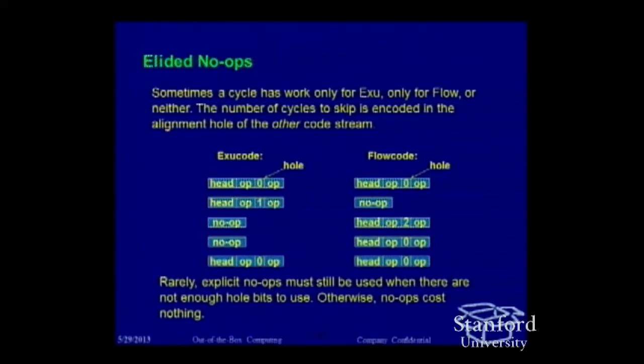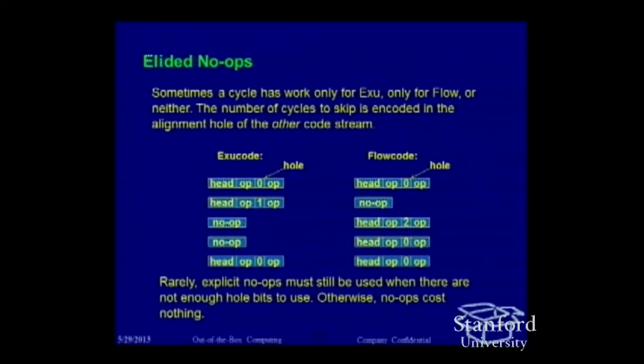Now, I mentioned that alignment hole in the middle. Any machine with a statically scheduled layout has to deal with the situation that there's nothing for the machine to do sometimes. We're in the middle of a floating point multiply, and there's nothing to do until we're done.